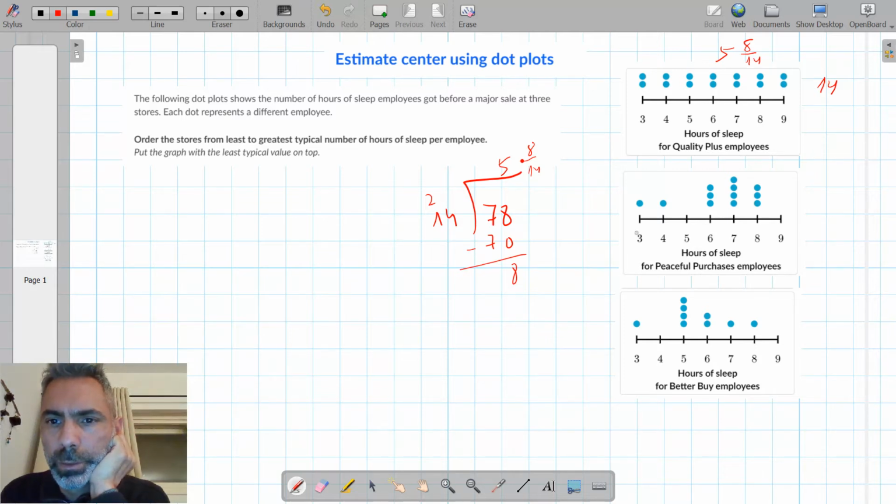Here, how many employees? 1, 2, 3, 4, 5, 6, 7, 8, 9, 10, 11, 12, 13 employees.